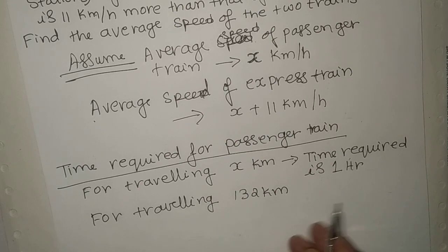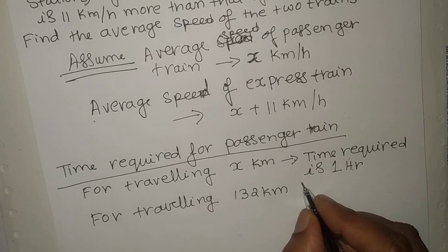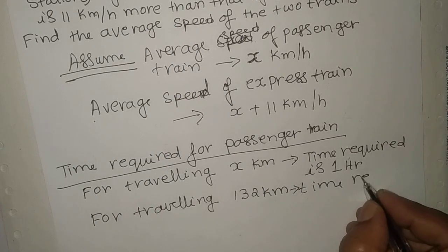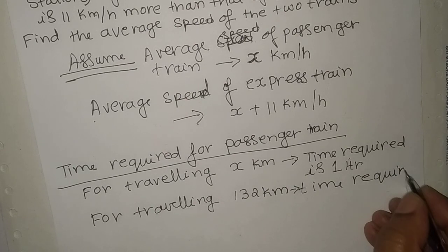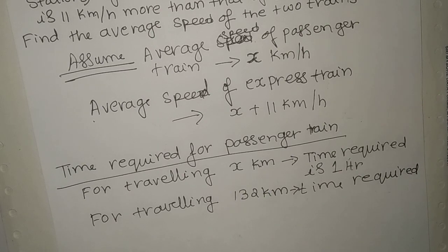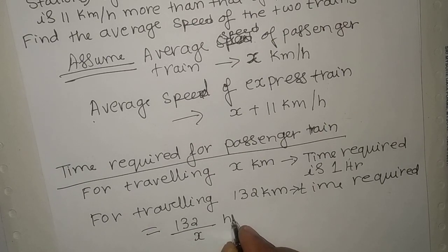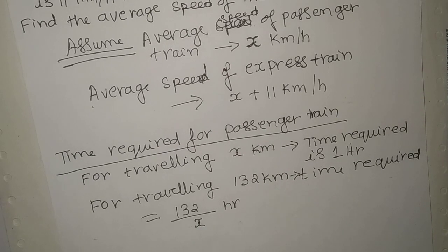So for traveling 132 kilometers, the time required will be 132 by x into 1, therefore 132 by x hours. Now this is for the passenger train.